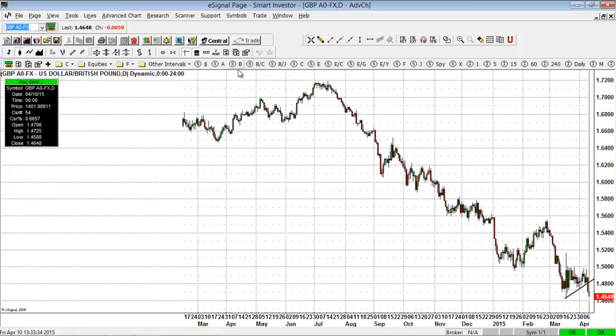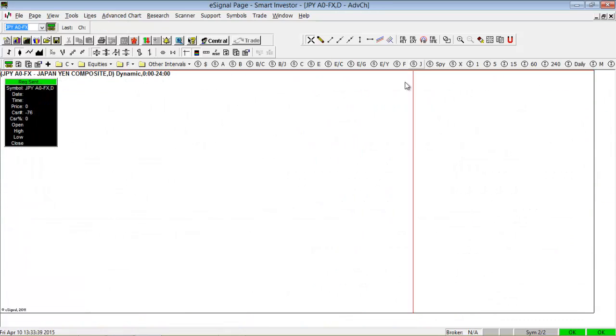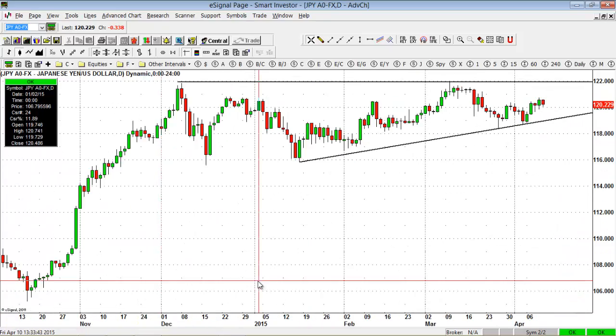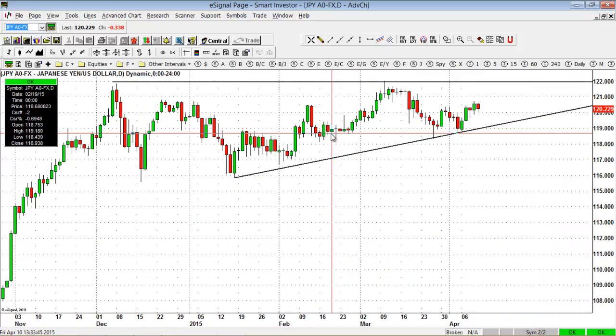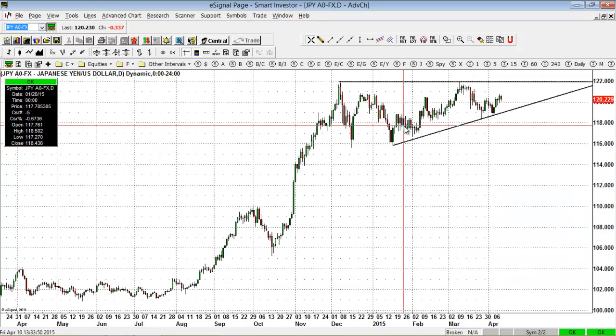Now, before we go, I want to speak about the Japanese yen and the triangle that's happening here. The Japanese yen has been in a very tight range over the last couple of months, and we could be setting up to challenge this 122 high.